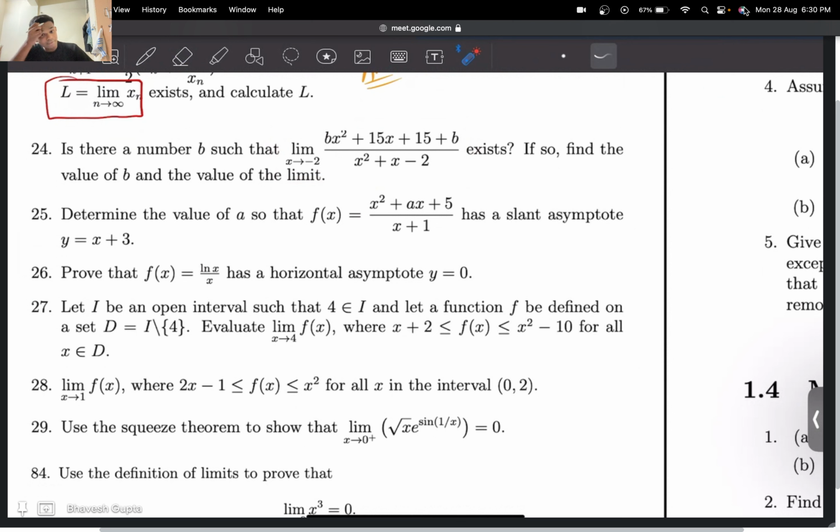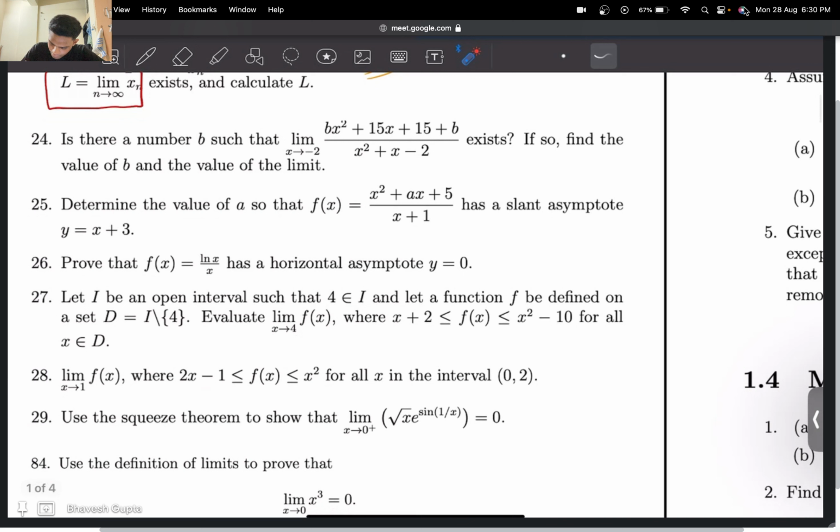You can see here the numerator is a polynomial, the denominator is also a polynomial, and the way you can have an existing value is that, if you see very carefully, this denominator approaches 0 as x tends to minus 2, right?